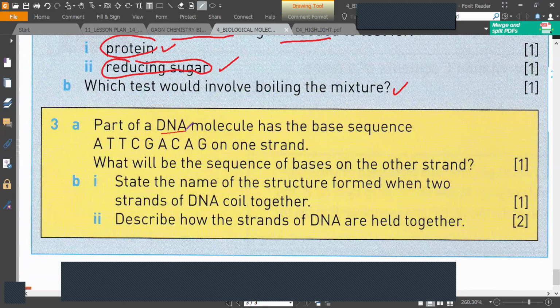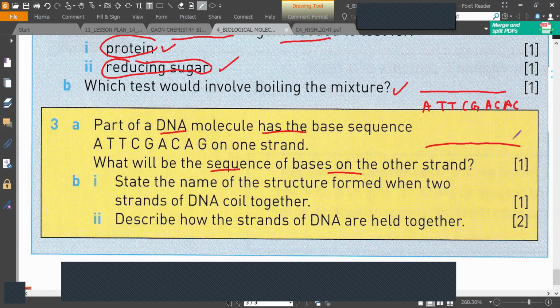Part of a DNA molecule has the base sequence ATT, CGACAG on the strand. What will be the sequence of bases on the other strand? Let's say we have one strand, ATT, CG, ACAG.